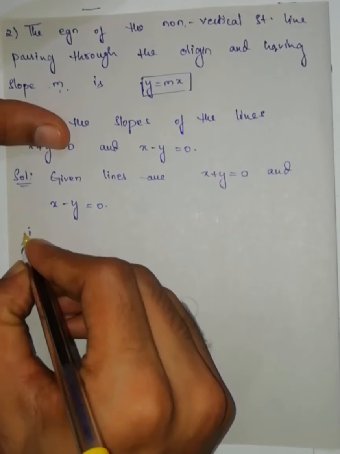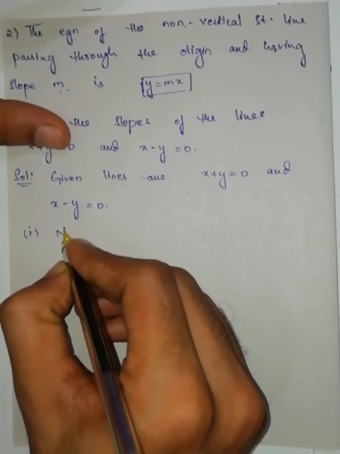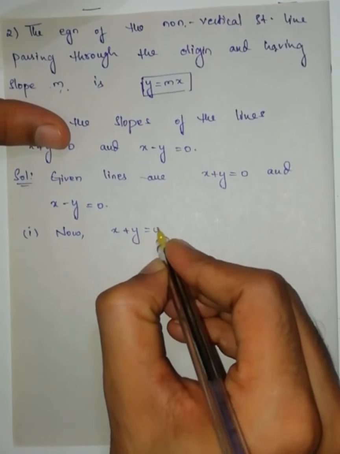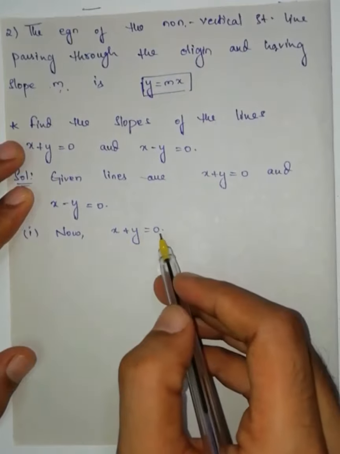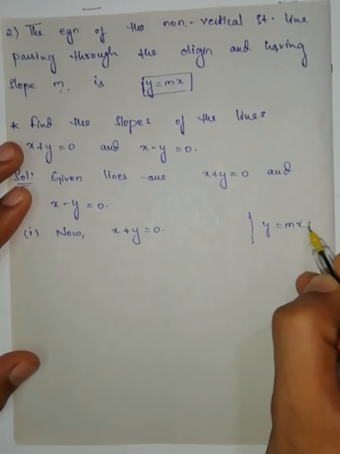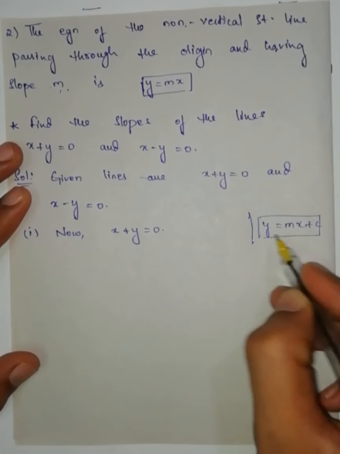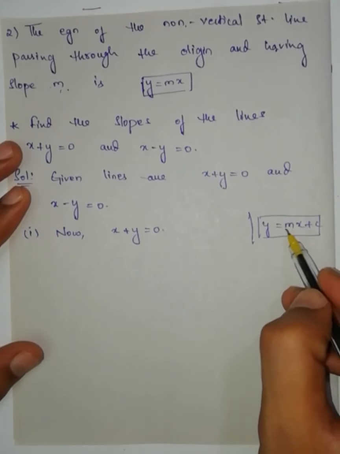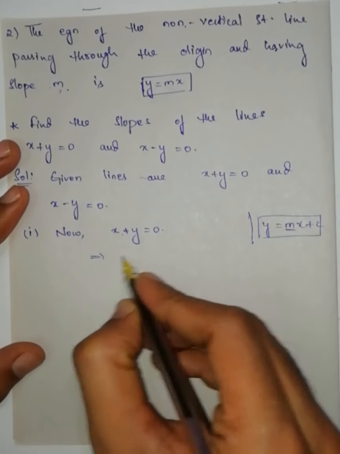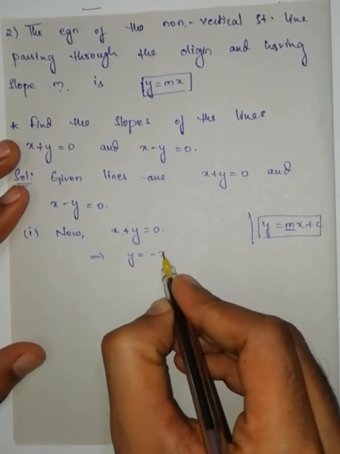Now let us take the first one, x plus y is equal to 0. I am going to write it in the form of y is equal to mx plus c. If I am able to write this, then directly I can say that m is the slope of the equation. So I am going to write this as y is equal to minus x.